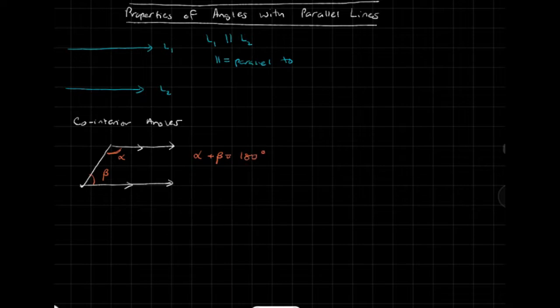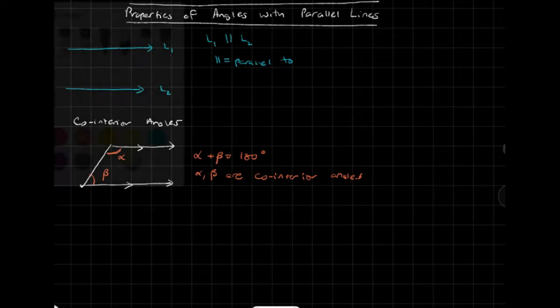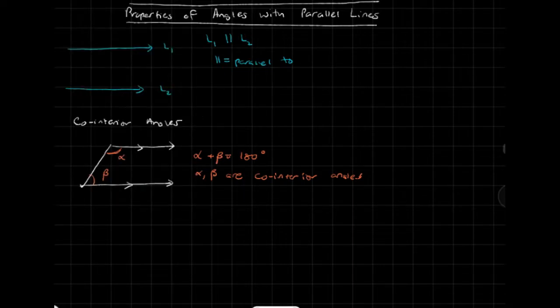Okay? So you can almost think of them as being supplementary, but these angles are co-interior angles. So alpha and beta are co-interior angles. This only occurs when you have this characteristic C-shaped pattern. Okay, so try to memorize these patterns, guys. It'll really help you when you guys are looking at this. Those are examples of co-interior angles. You have these two sets of parallel lines. You can imagine that this is really useful in trapezoids.